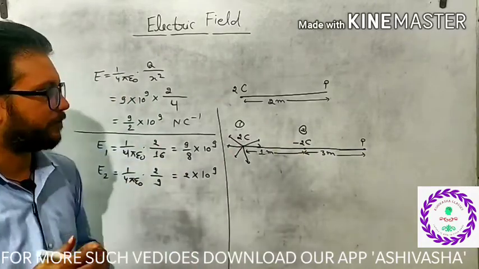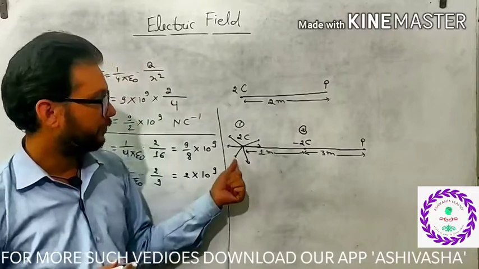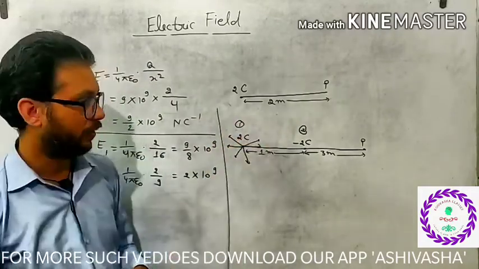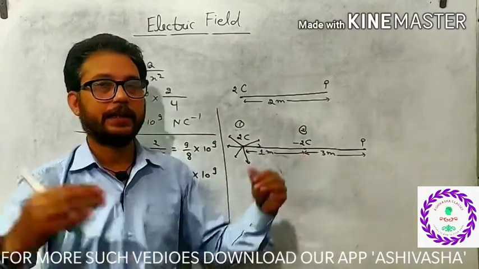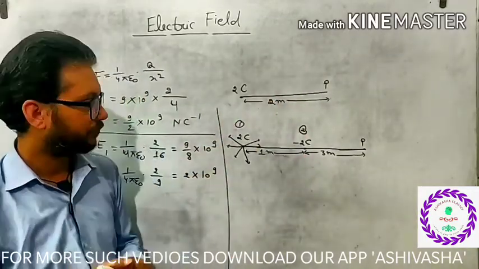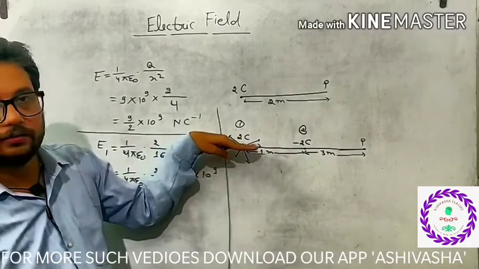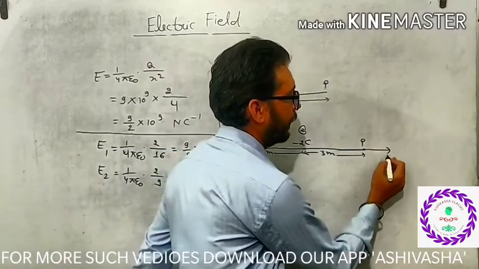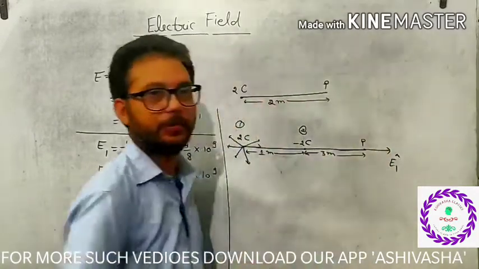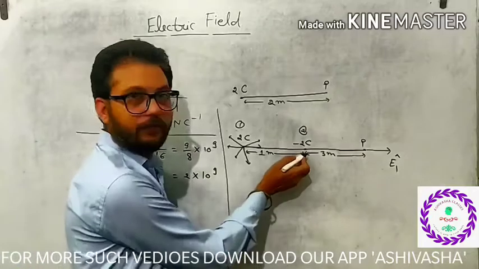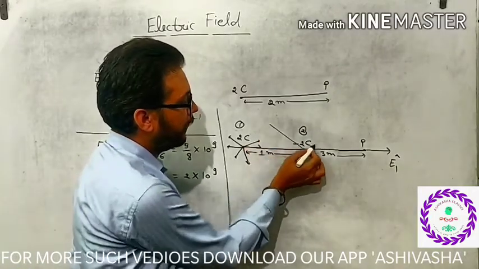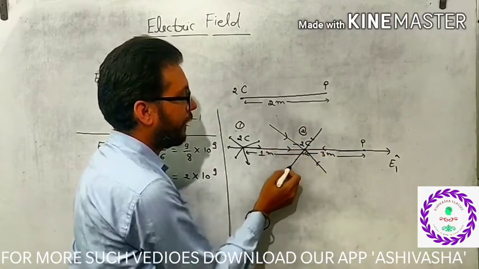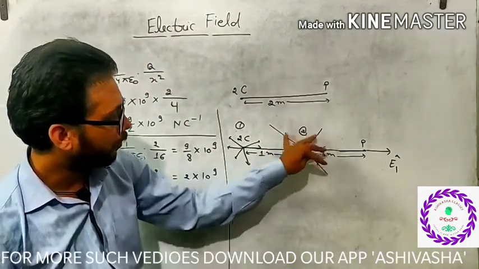What will be the direction? As I have told you, if the charge is positive, the electric field will be radially outward. Now if the charge is negative, then the electric field is radially inward. So firstly, the direction of electric field due to charge 1 is radially outward, so it will be like this way, E1 cap. Now the electric field of the negative charge will be radially inward, from all directions.